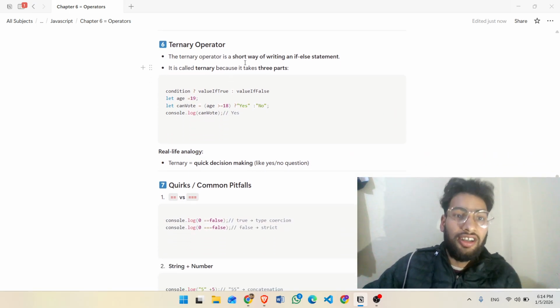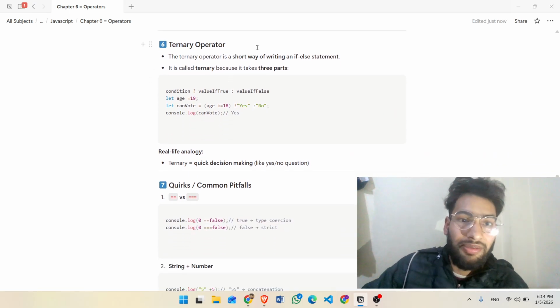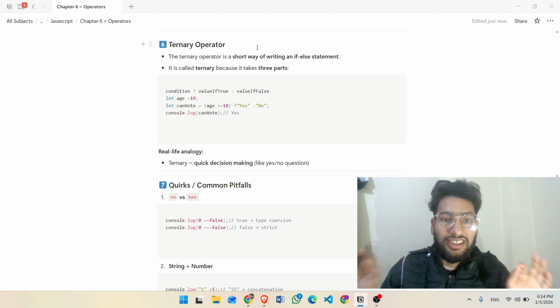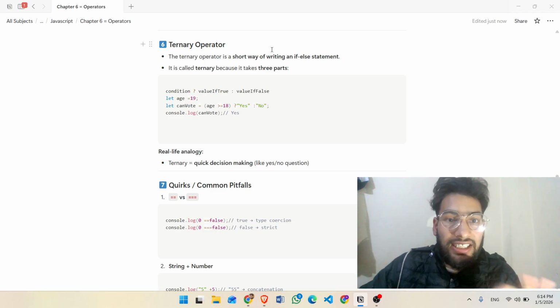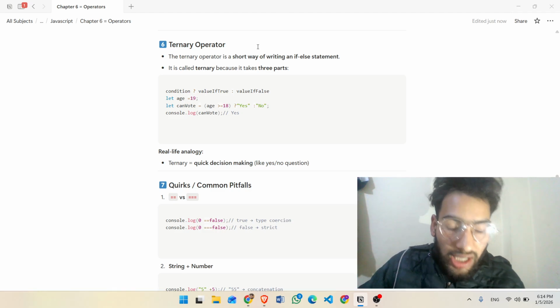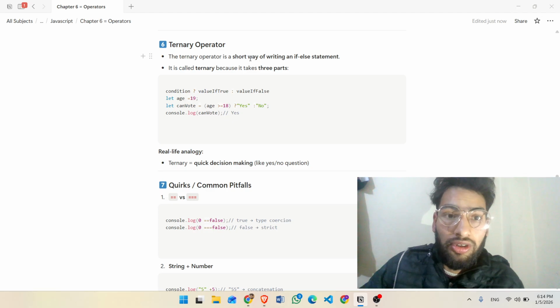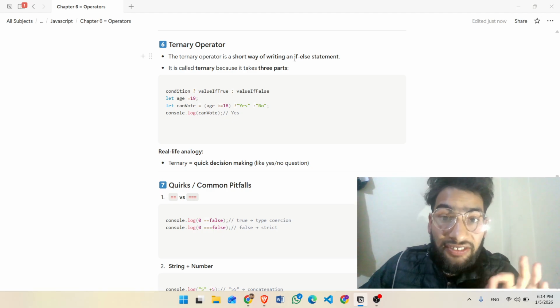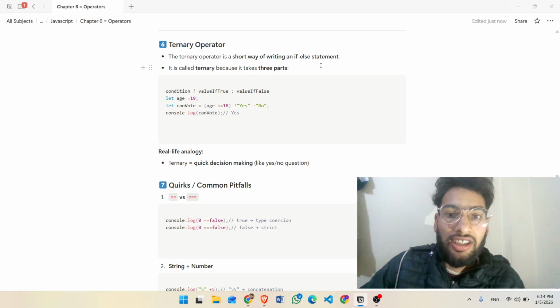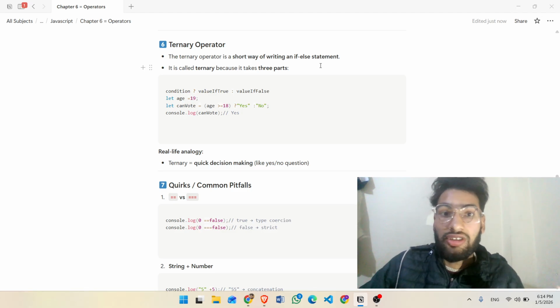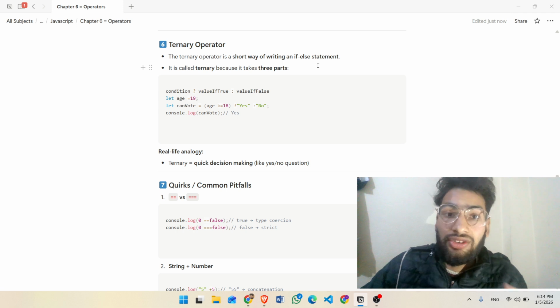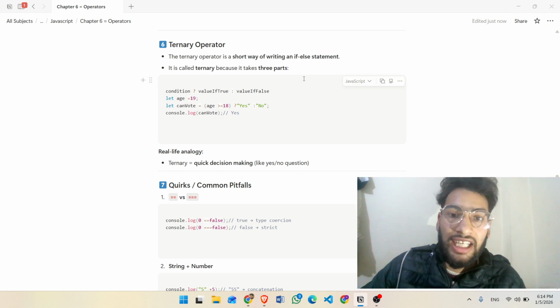And let's see ternary operators. What are ternary operators? Ternary operators mean three parts. It takes three values. It is a short way of writing an if else statement. If we use ternary operators, we don't need to use an if else statement, right?